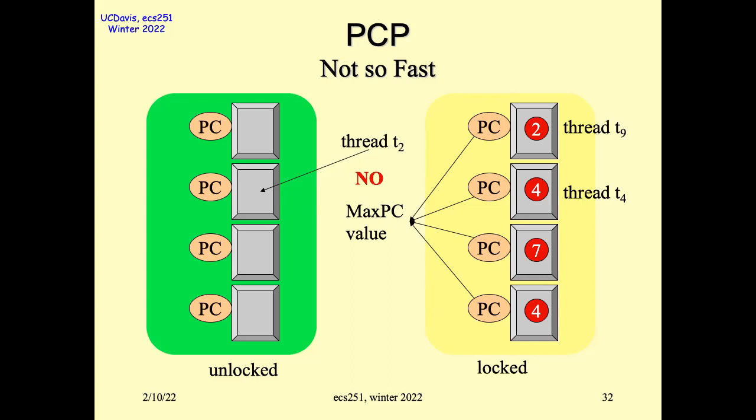The first time I used a priority ceiling kernel was SunOS 5.0. This was a long time ago, when they introduced a real-time version of Sun Microsystems, now Oracle. They implemented a system call that allows me to set the priority ceiling value of every semaphore. So essentially, they push the responsibility to the user.